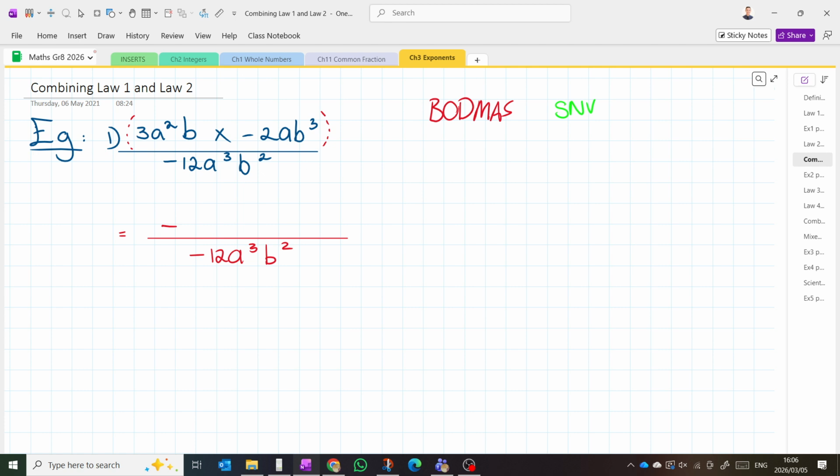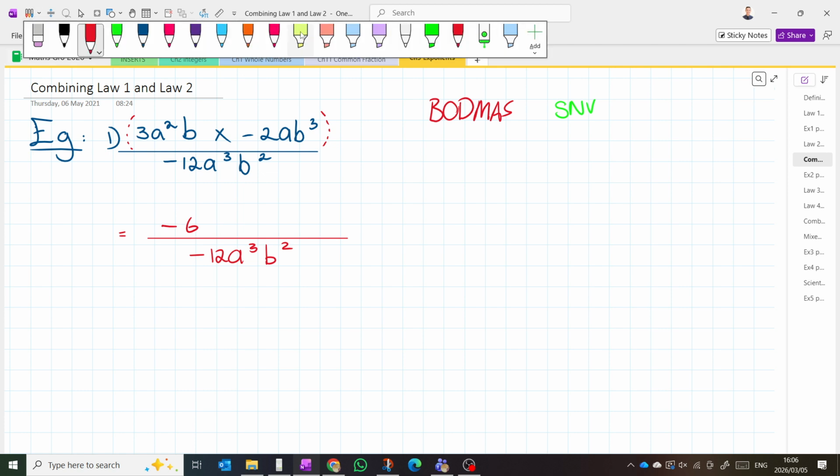Again, it's only going to be applicable to numbers that aren't being used as a base. So these numbers do have a power of 1, but we do not consider them a base just yet. If they have higher powers, then we'll consider them to be a base. For now, they are just numbers, so we can say 3 times 2, and that's going to give me 6.